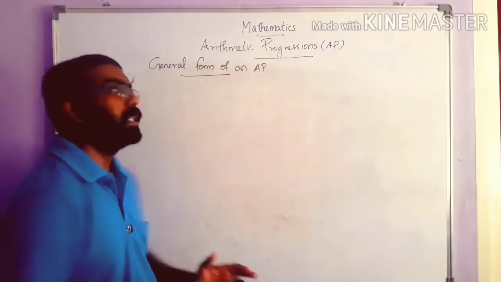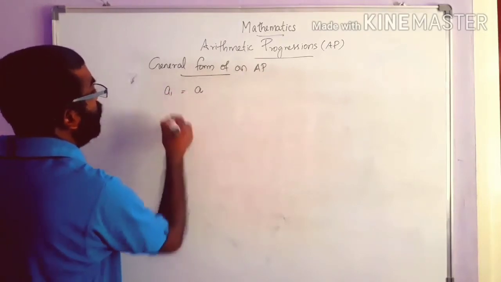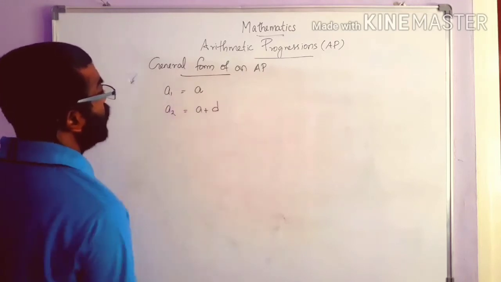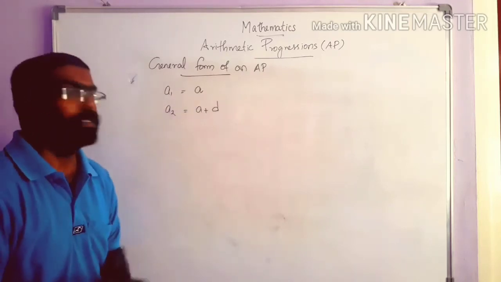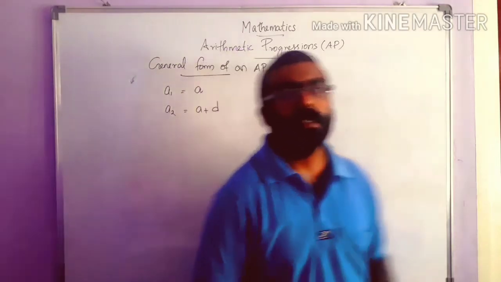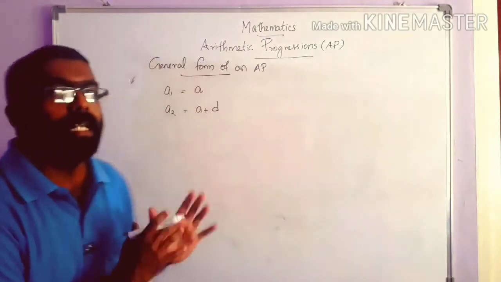Okay. Now if the first term A1 is A, then A2 is equal to A plus D. First term plus D, where D is the common difference. As we know, an arithmetic progression is a list of numbers obtained by adding a fixed number to the preceding term.